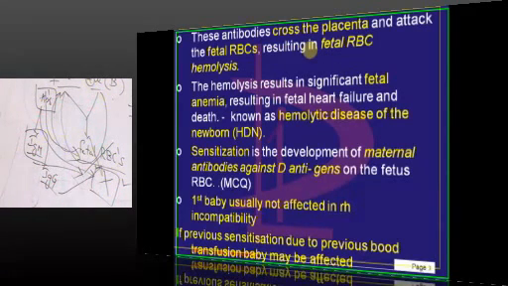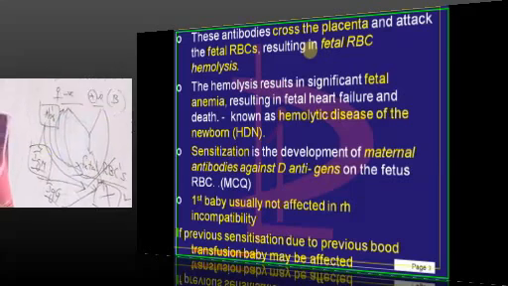So now tell me, in Rh negative pregnancy, which pregnancy is affected, multiple pregnancy or first pregnancy? Why multiple pregnancy? Because IgG is produced, and IgG is going to cross the placenta and attack the fetal RBCs.